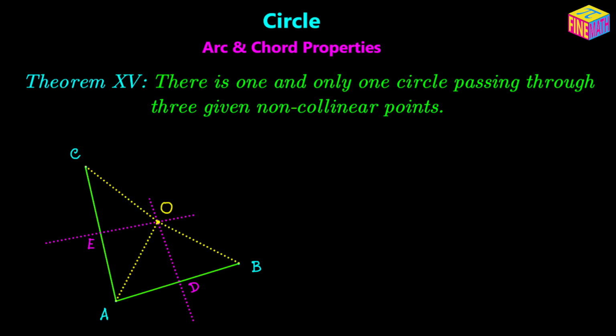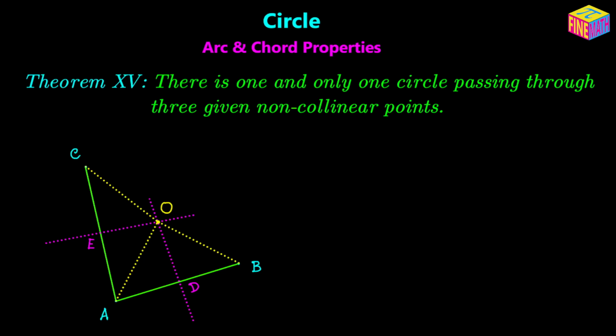Now let's take a look at these two triangles here, triangle OAD and triangle OBD. If you look at those two triangles, you will see that they are actually right triangles, because OD is perpendicular on AB, and AD is equal to DB because OD is the perpendicular bisector.